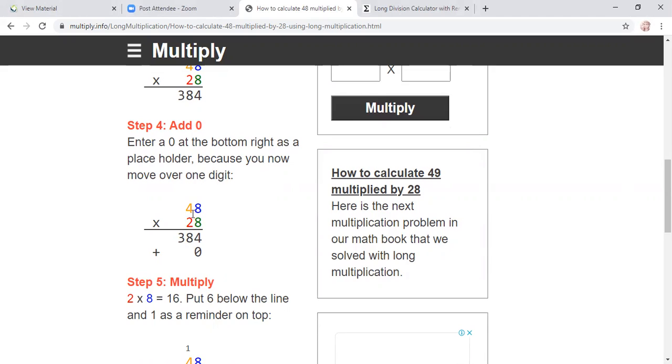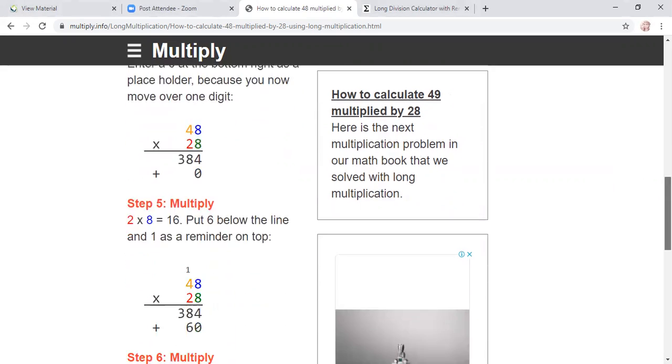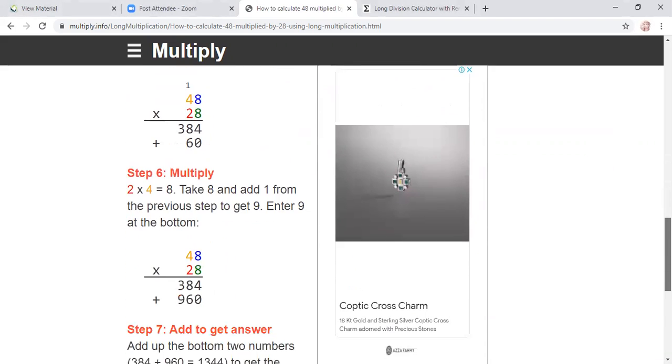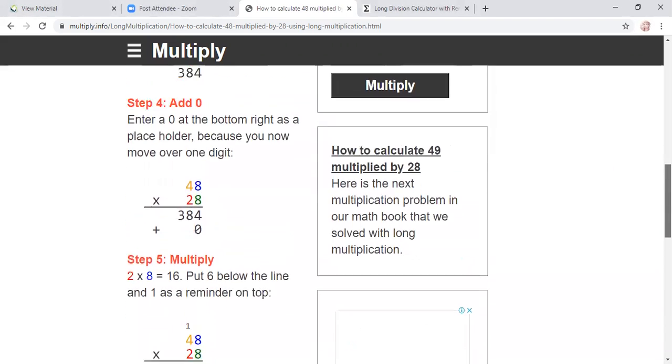So when we multiply 48 by 2, we cannot write the results from here, because the 2 is already not 2, it's 20, it is in the tens. So the answers will be written from here. So the answer will be, as you know, 96.